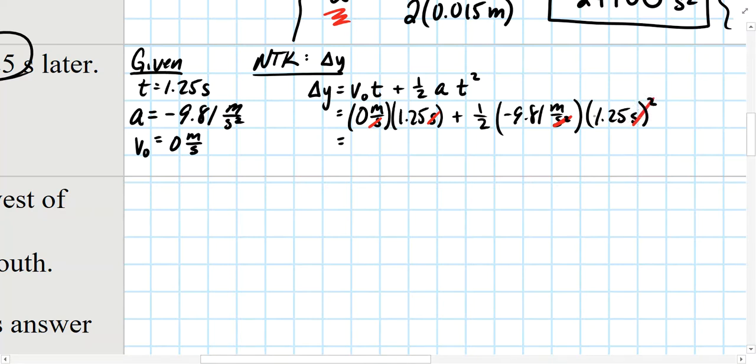And so again, we're going to finish with meters as our unit after the math is done, which is perfect because the distance that we're looking for is measured in meters. And we again have values that were given to us with 3 significant digits, so we'll go ahead and report our final answer off the calculator as negative 7.66 meters.